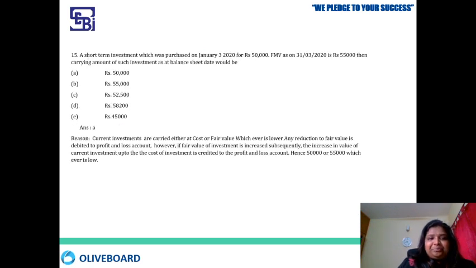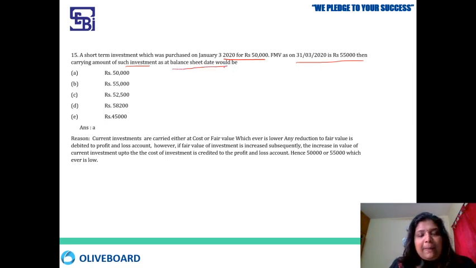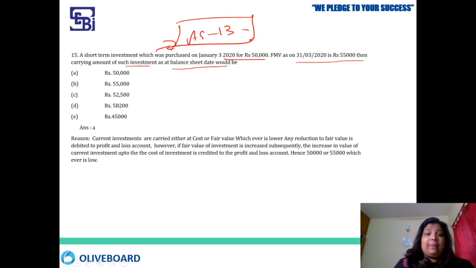All right. Next question. A short-term investment which was purchased in January 2020 for 50,000 and FMV as on 31st March is 55,000. What would the carrying amount of such investment be at the balance sheet date? Guys, please remember this is for AS 13, the accounting standard for investments.